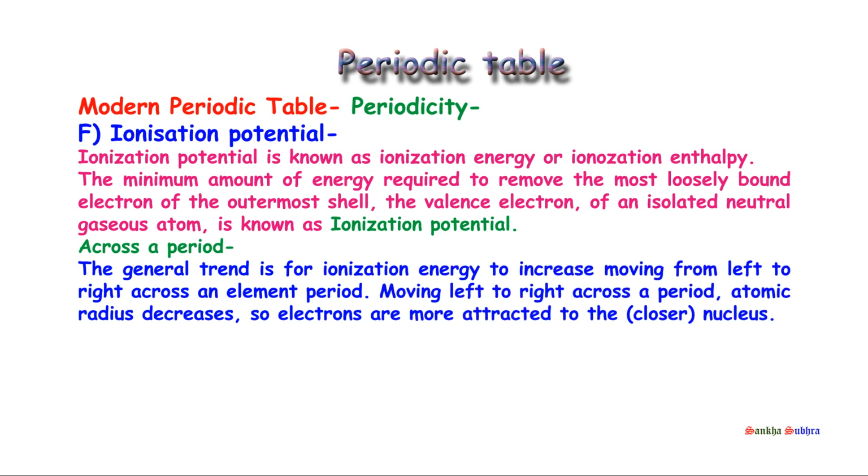Now, across a period, if we move from left to right, then we will find that the ionization energy or the ionization potential is going to be increased. As we know, from left to right, the size of the atoms is going to be decreased. So, ionization energy will be increased, but group 2 and group 15 elements are going to show an exception.